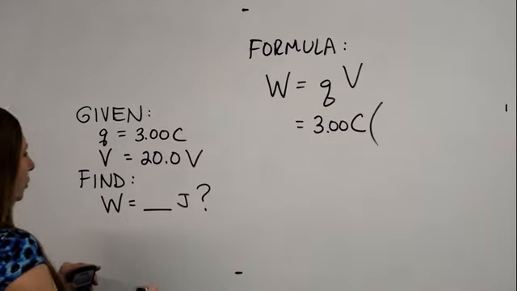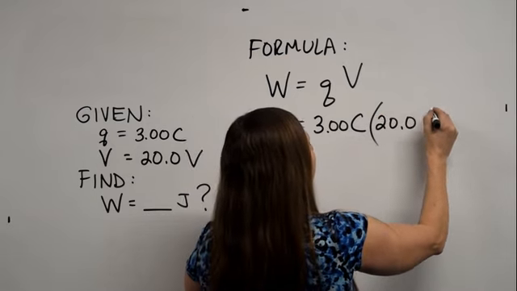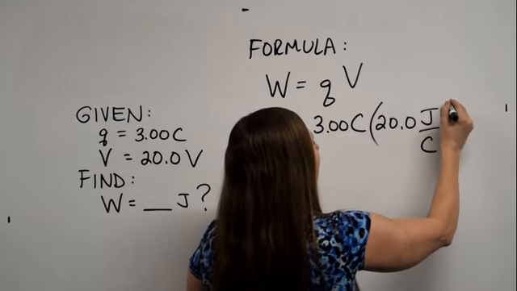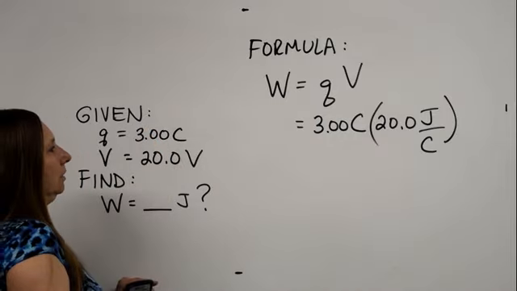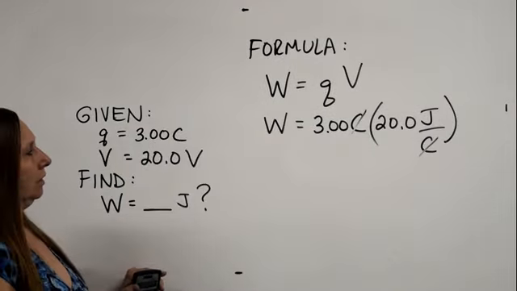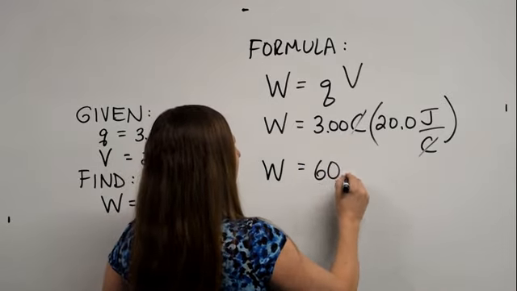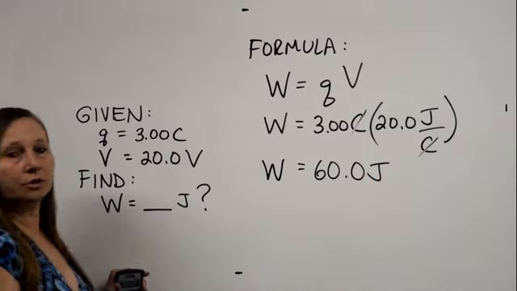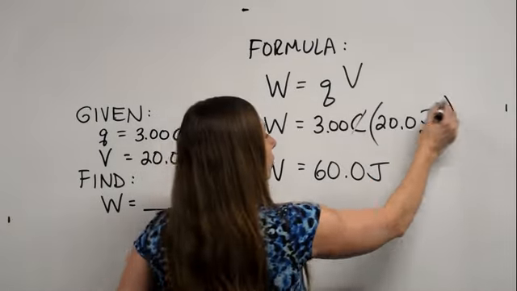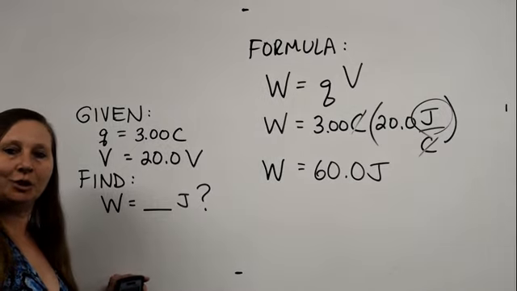The voltage, 20 volts. Now remember that a volt is a joule per coulomb. So the coulombs cancel, and we're getting 60 joules for the answer. And we should be getting joules because we're trying to find the work or electrical energy.